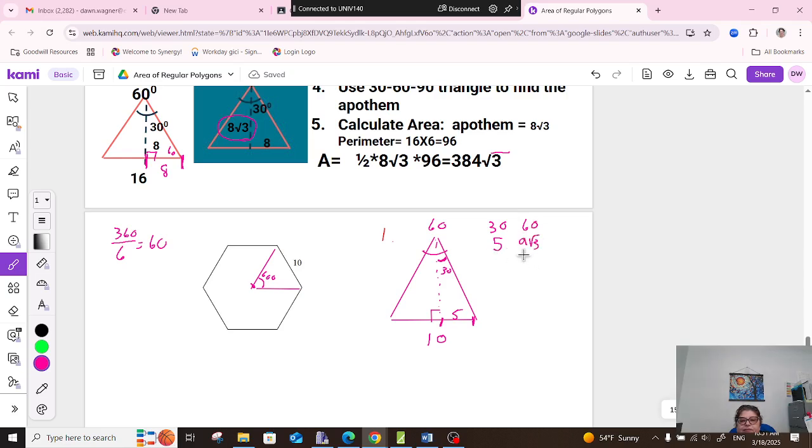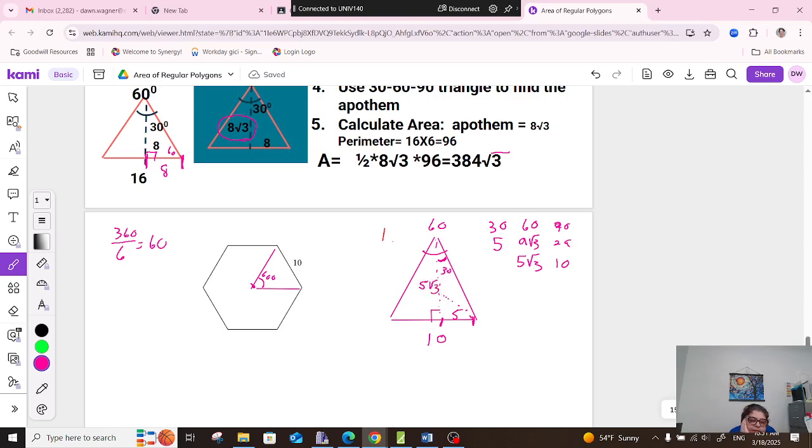A is 5. So what would I write right here? 5 square root 3. 2a, or 90, which we already know is 2 times a, which is 10. And all the outside ones are 10. I didn't need that. Because really all I needed was across from the 60, because this is your apothem, but it's also across from the 60 degrees and is your height. So what's the apothem? 5 square root 3.